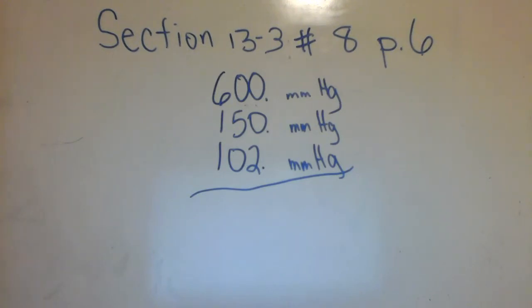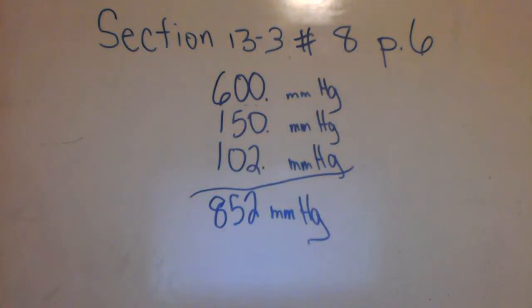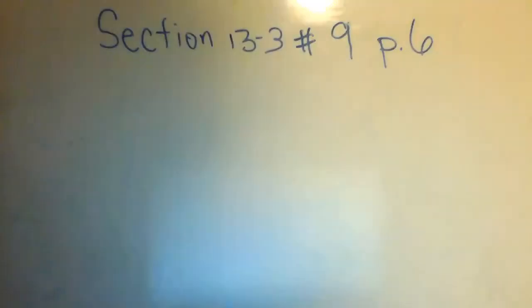For this problem, we'll use Dalton's law of partial pressures, which states that adding all of the partial pressures of the individual components of the gas will equal the total pressure of the gas. So we add all the pressures together, and the answer is 852 millimeters of mercury.